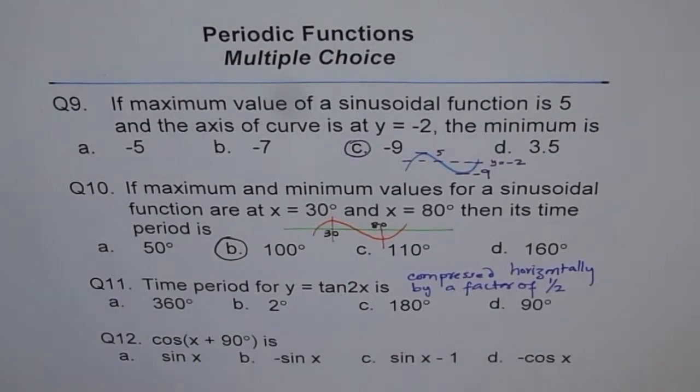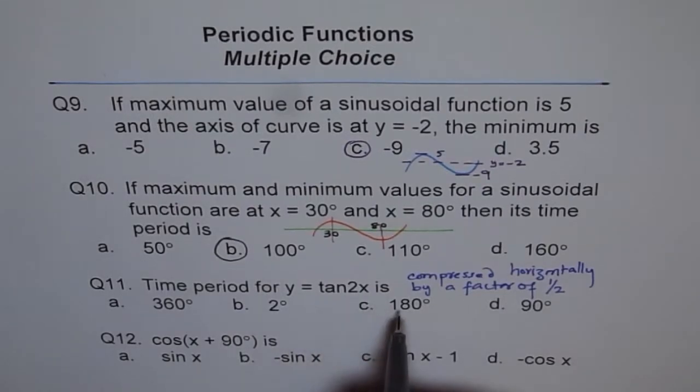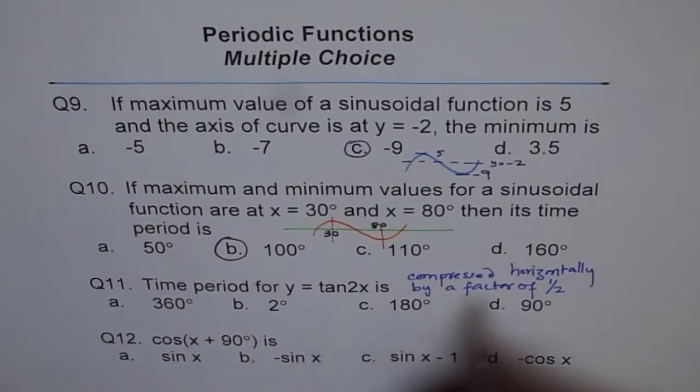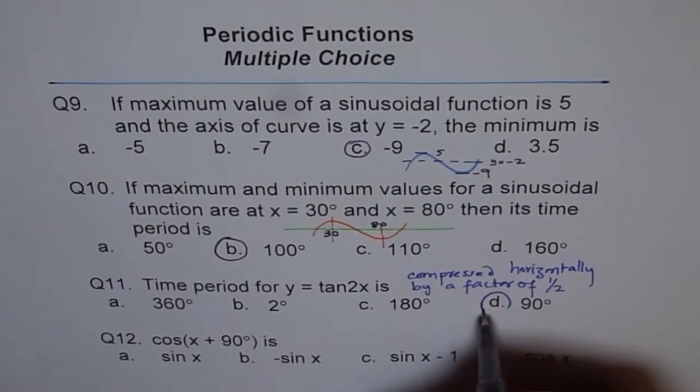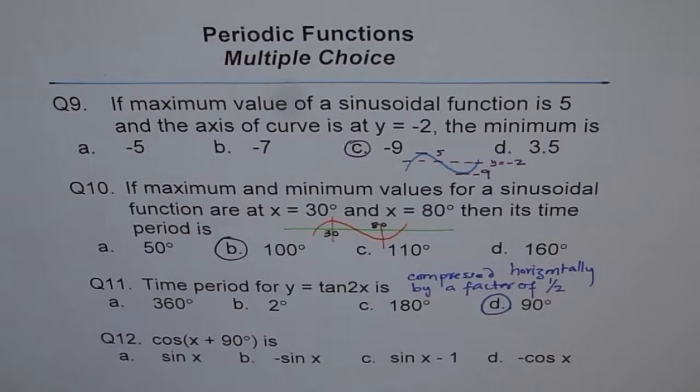That is what tan 2x is. Now the question here is, what is the time period of tan x? Tan 2x will be half of that. Now some students get this part wrong. The time period of tan x is 180 and therefore half of that should be 90 degrees. So that is the right answer, okay? So be very careful.